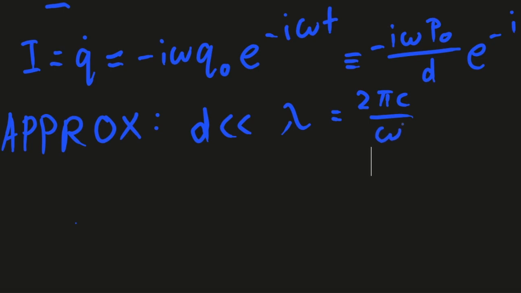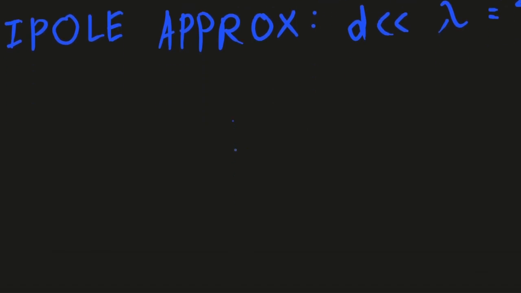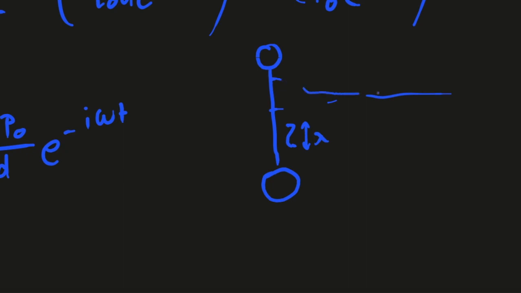What this is saying is that you are not really concerned with phase variations within the dipole itself. It's more the retardation that is the factor. If I have a really long dipole, like that, and say my wavelength is something like that, then it depends, because just measuring it from these two points will introduce some phase difference.